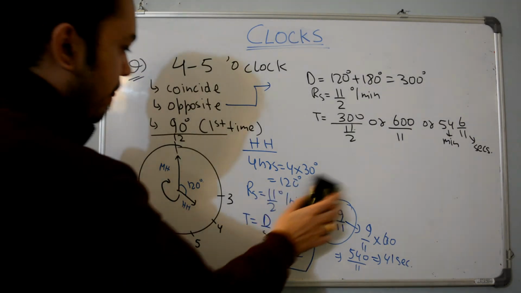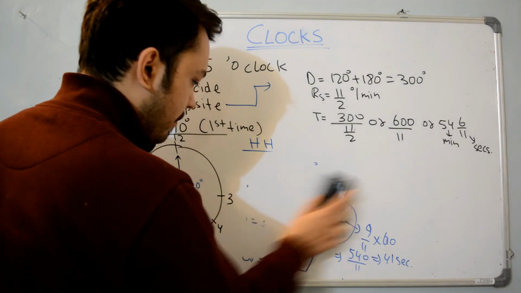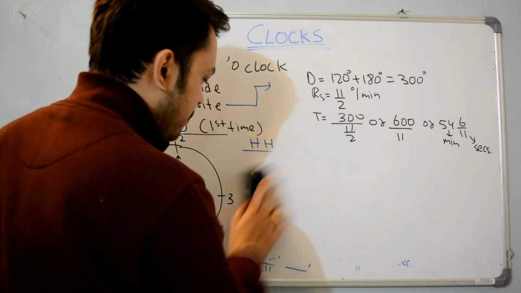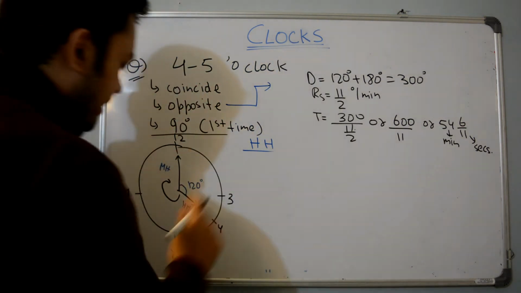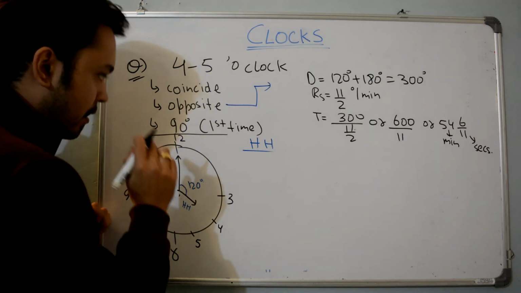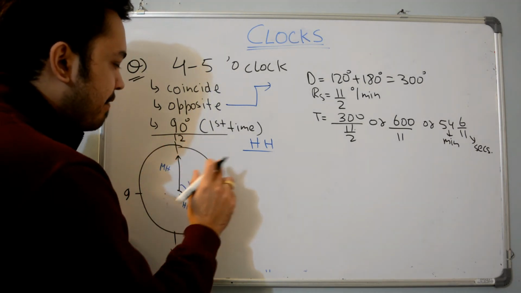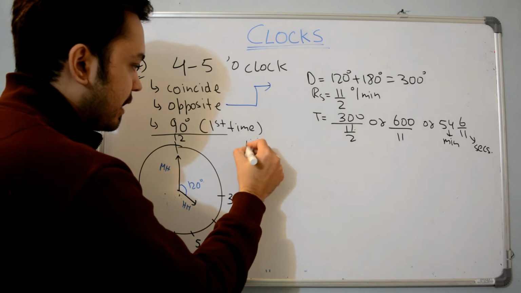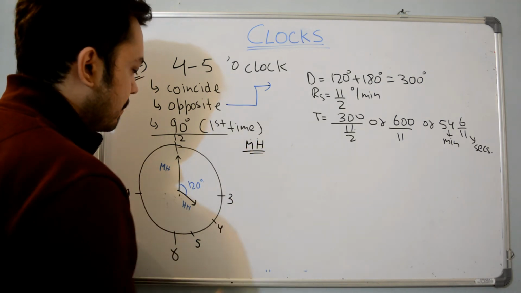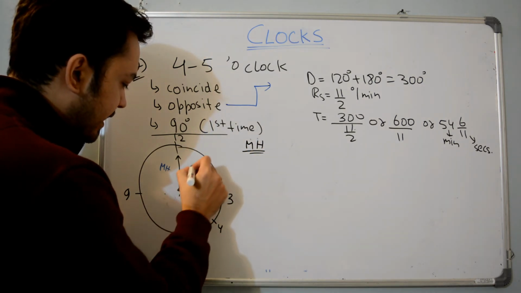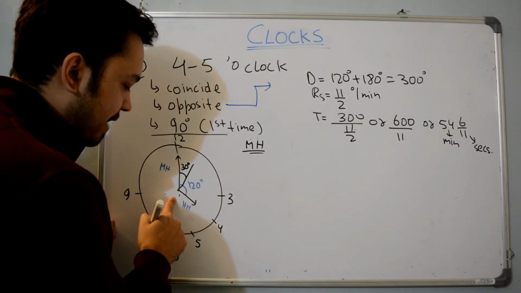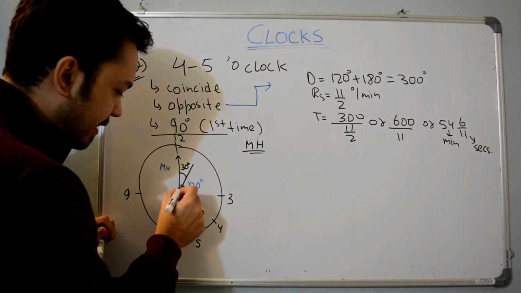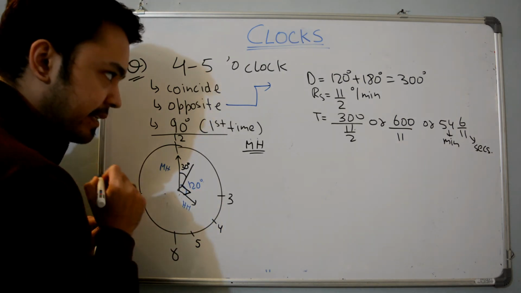Now comes our third case, when they will make an angle of 90 degrees for the first time. So for making the 90 degrees for the first time, if you notice it now here, only if our minute hand moves only 30 degrees more, then the angle left will be 120 minus 30 and it will be 90 degrees.